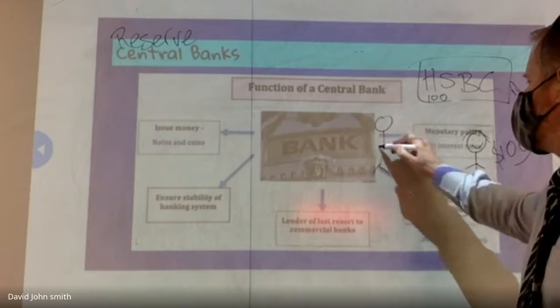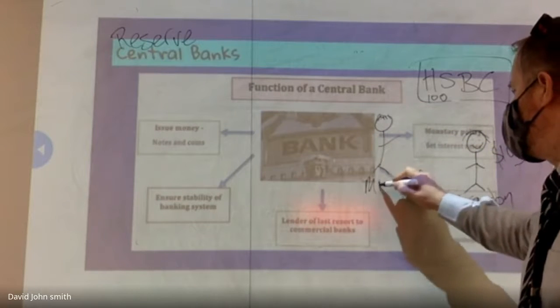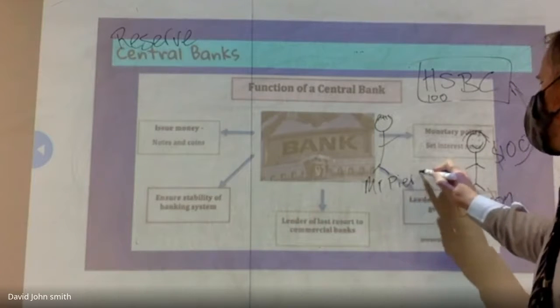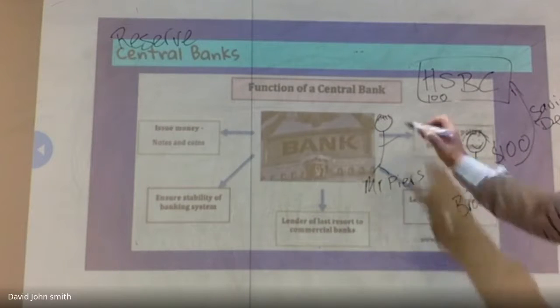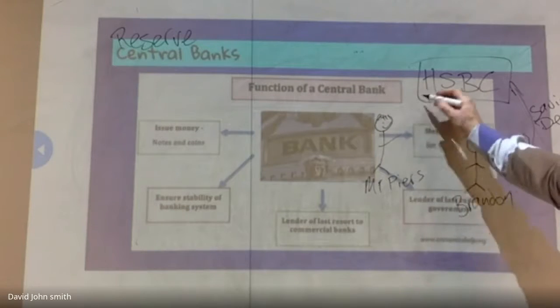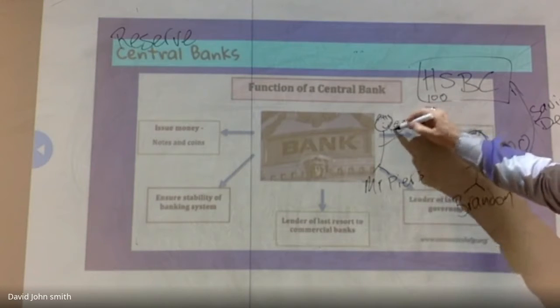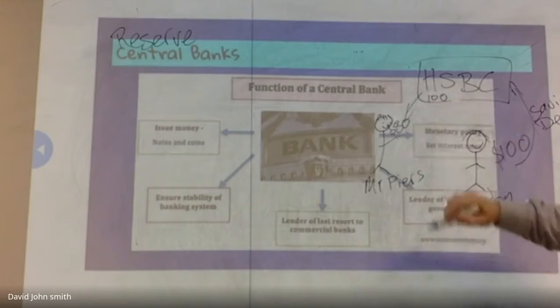So along comes Mr. Pierce. Here he is. All right. And he wants to borrow some money. He needs $80. He borrows $80 from the bank.